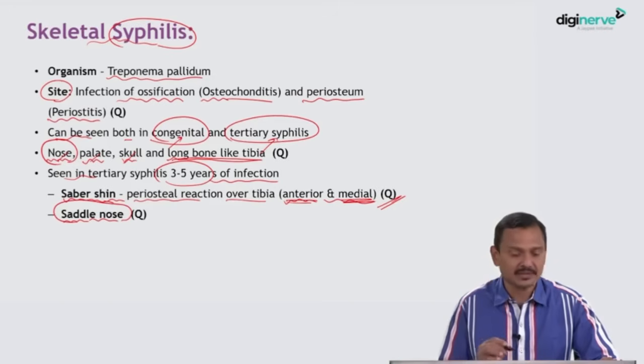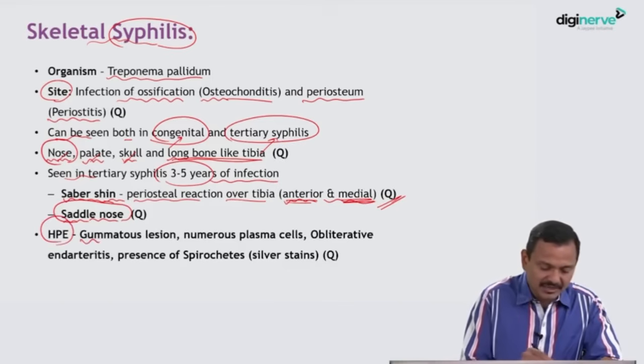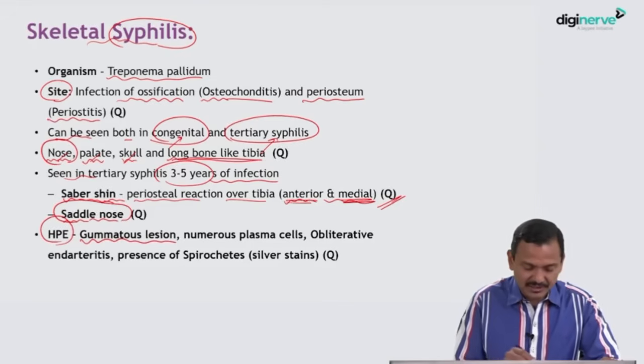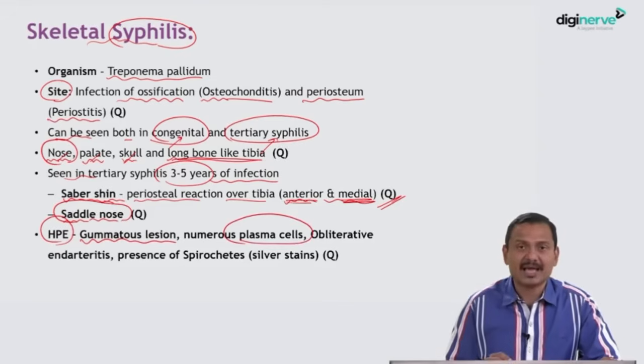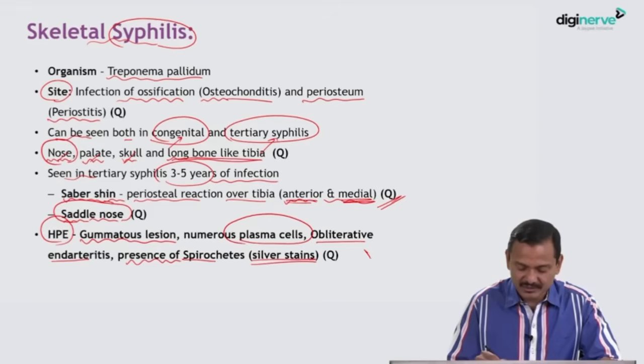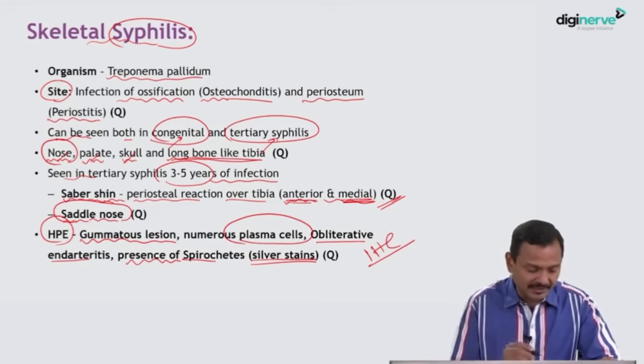So if a biopsy is done, what shall we expect? In HPE, we can expect a gummatous lesion, that is a chronic granulomatous inflammation rich in plasma cells, as well as obliterative endarteritis, and the presence of spirochetes can be demonstrated by silver stain or immunohistochemistry. I will repeat that again.